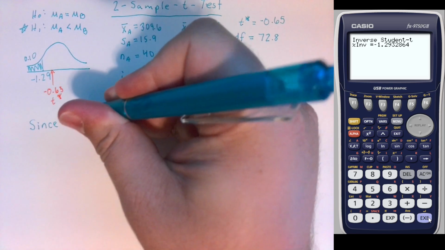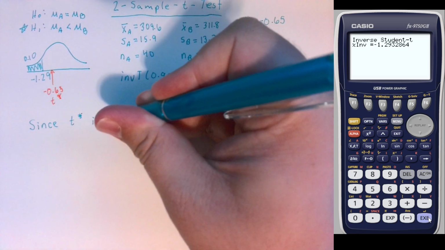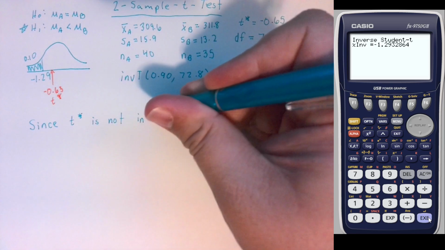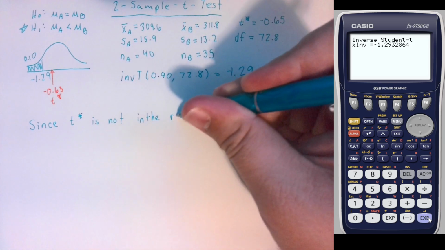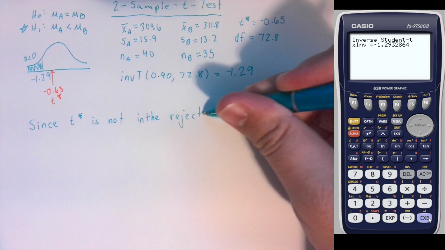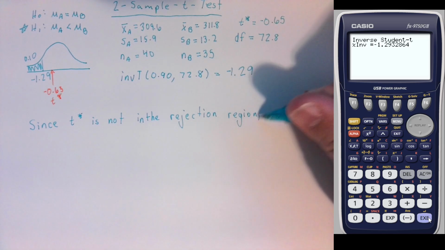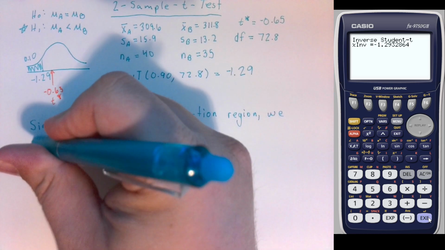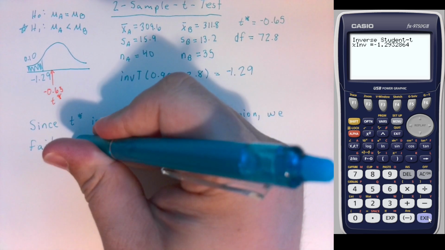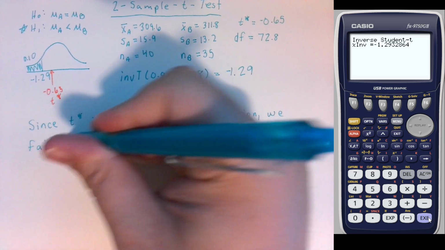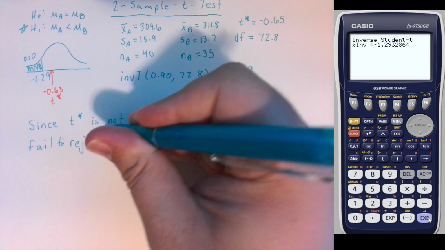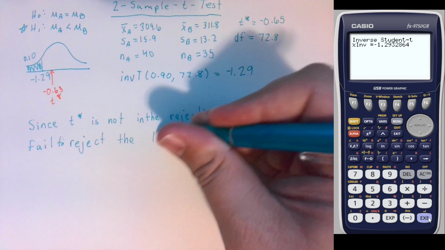Since T star is not in the rejection region, we fail to reject the null hypothesis.